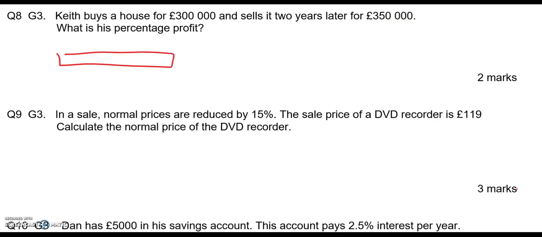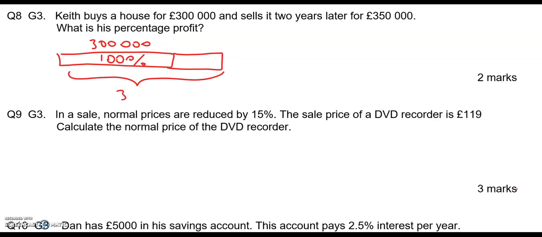If I represent that, the 100% amount being 300,000, and then there's been an increase, which means that the price of the house has gone to £350,000.